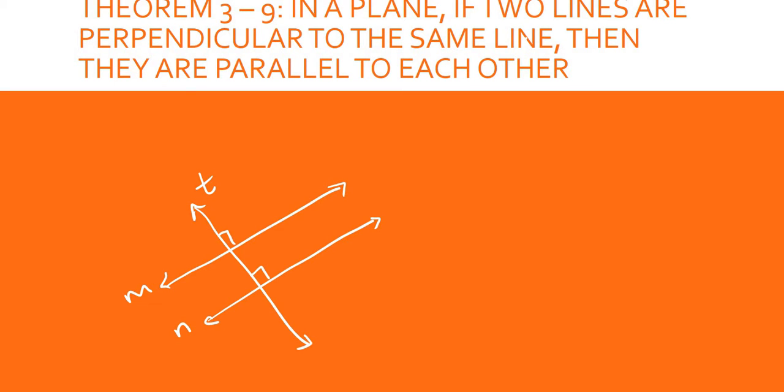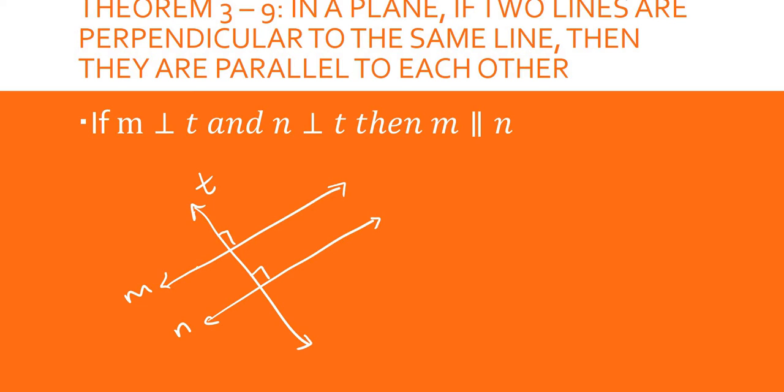All right. Theorem 3.9. In a plane, if two lines are perpendicular to the same line, then they are parallel to each other. In other words, if M is perpendicular to T and N is perpendicular to T, then M is parallel to N. And we can say this because if we have these two lines, M and N, and they are both perpendicular to T, then these are both right angles.